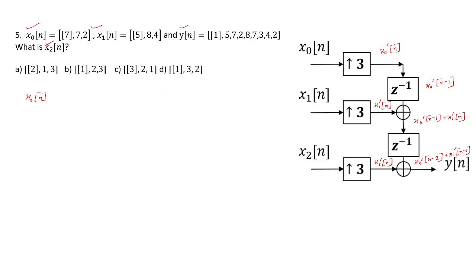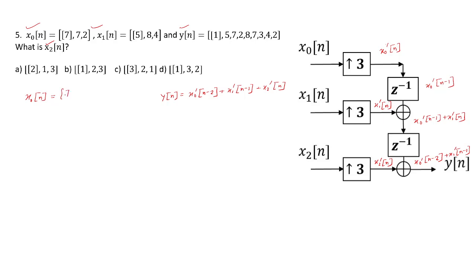So your y of n, first let us write down the expression. It is given as x0 dash n minus 2 plus x1 dash n minus 1 plus x2 dash n. We'll approach this problem in a slightly different way compared to the previous one. Let us see x0 of n first.